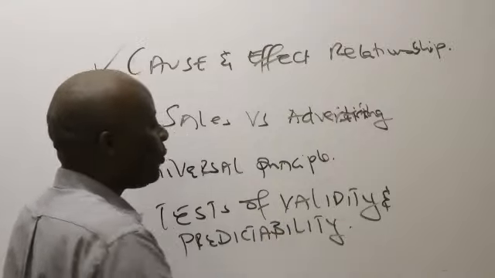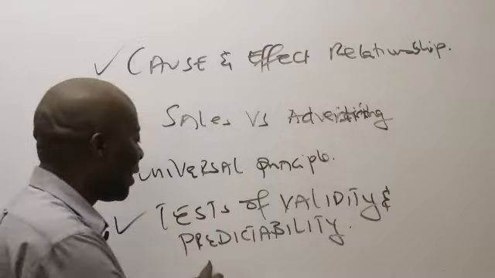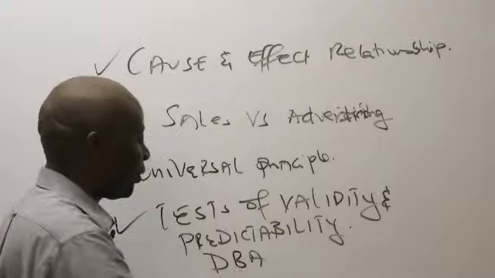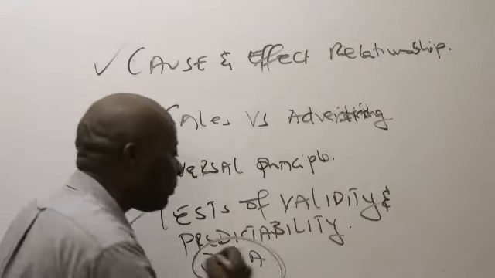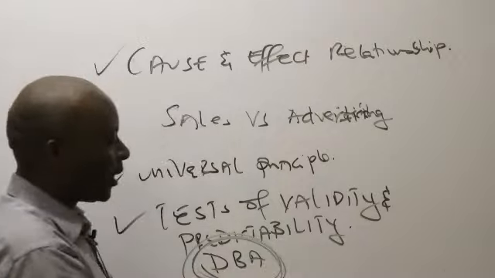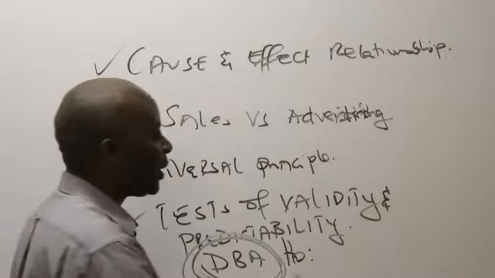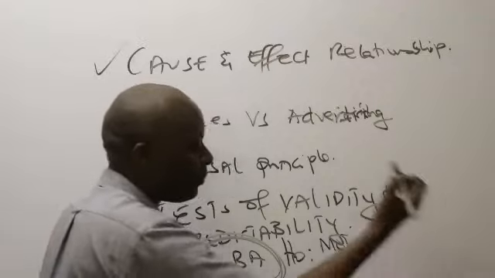For those of you who have done your MBAs and PhDs, of course, you know, at the end of the day, if, for example, you are doing a doctorate in business administration, management, you're going to come up with a concept paper. You're going to come up with, for example, a hypothesis, say the null hypothesis: the more I motivate my workers, the more the productivity.